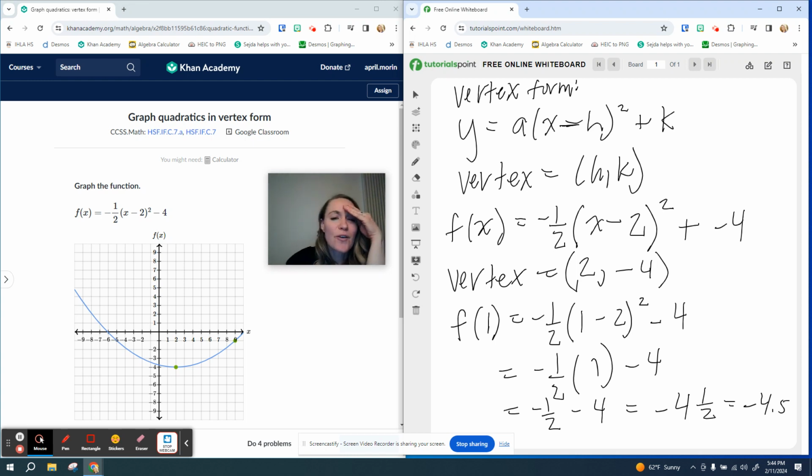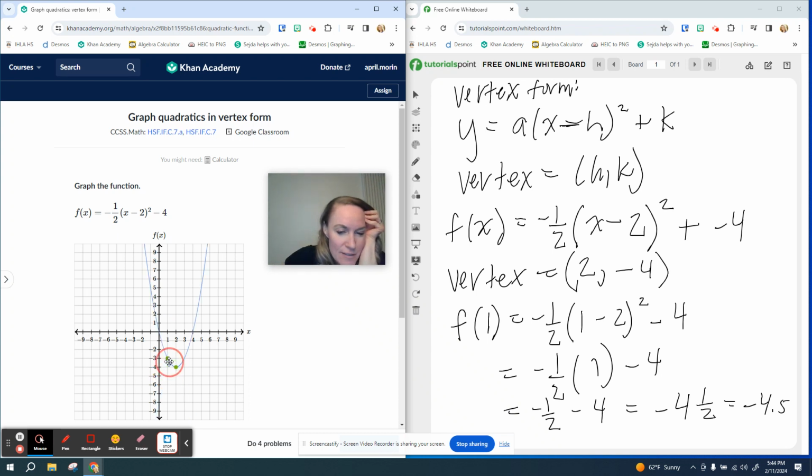I'm wondering if I can graph this. I might need to pick a different number. Let's see, positive 1 and negative 4.5. So it's not letting me graph that. See, so I'm thinking if I choose 0, that might be better.